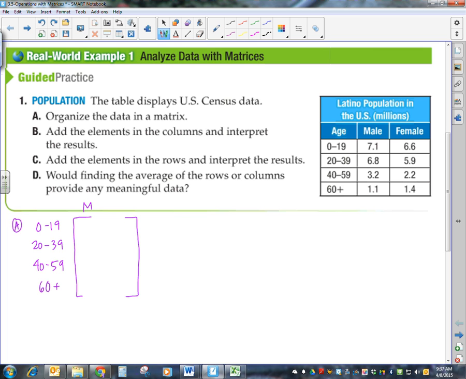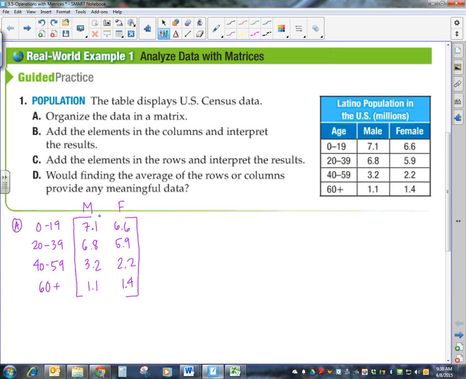So our first column will be male, and our second column will be female. So basically 7.1, 6.6, 6.8, 5.9, 3.2, 2.2, 1.1, and 1.4.